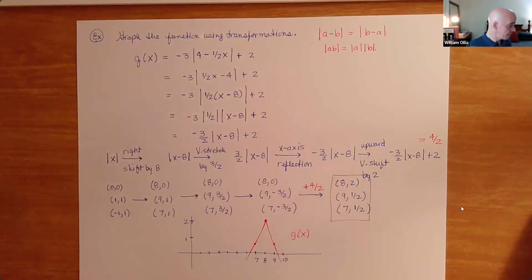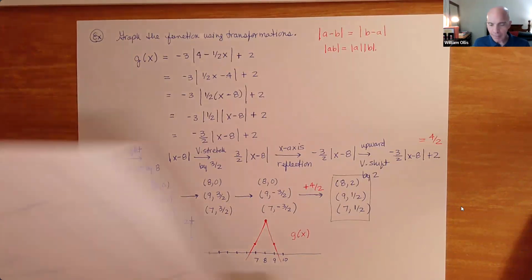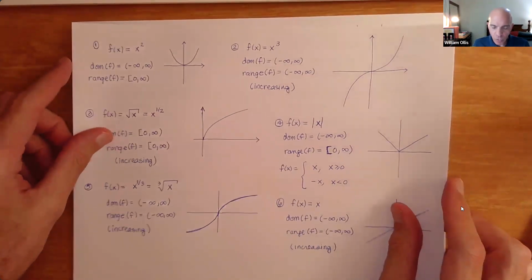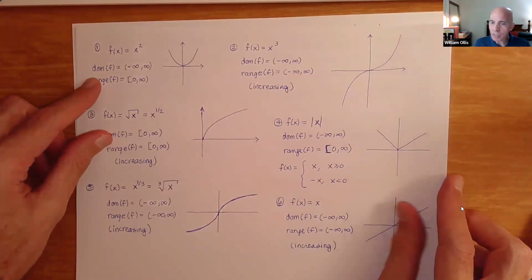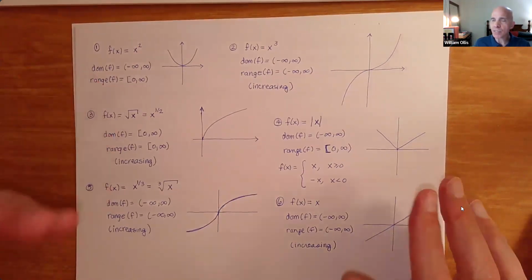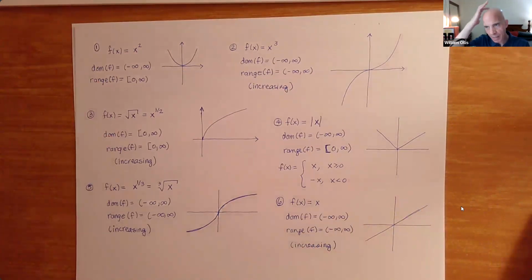Okay, and then just as some repetition here, to do the transformations, what is the best evidence that we can use?